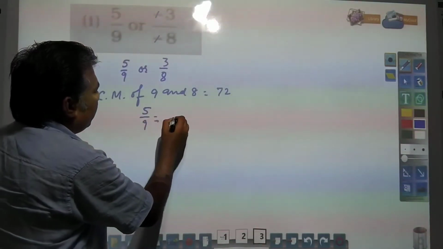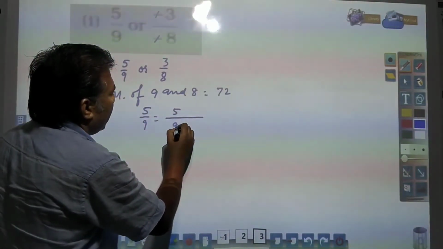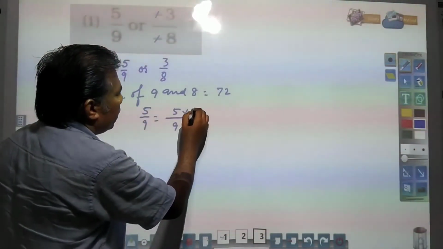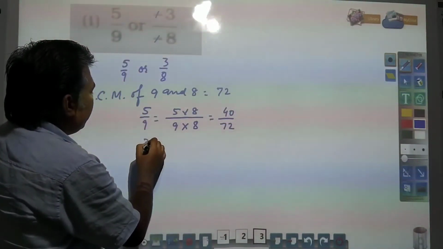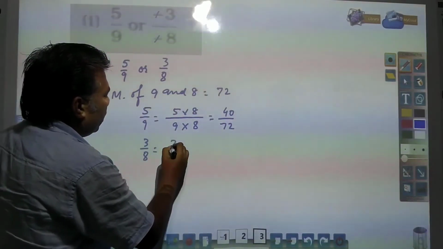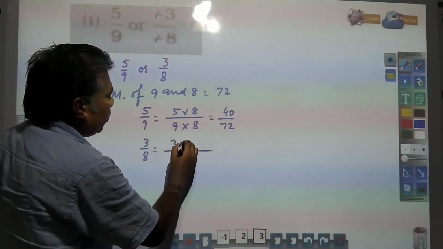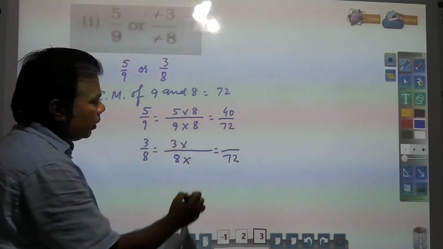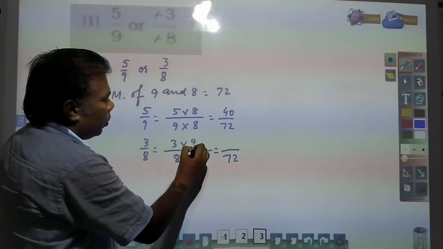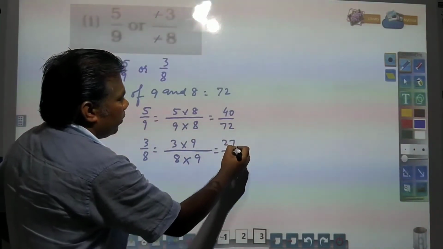5 by 9 will be 5 by 9 into 8, it means 40 by 72, and 3 by 8 will be 3 by 8 into, here you see denominator is 72, so what number will be required to be multiplied? 9. So 9 threes are 27.